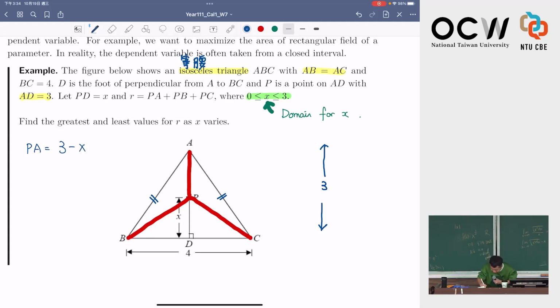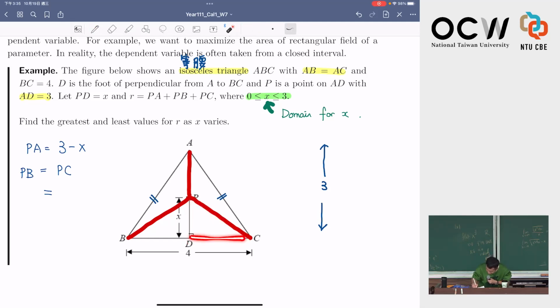And then PB. Firstly, we realize that PB by symmetry should be the same as PC. And moreover, what is PC? PC is the length of the hypotenuse of this right angle triangle.